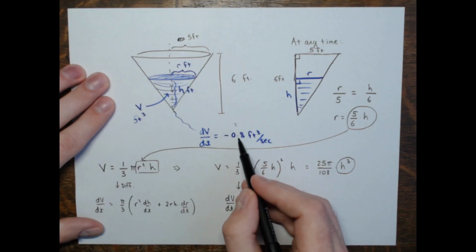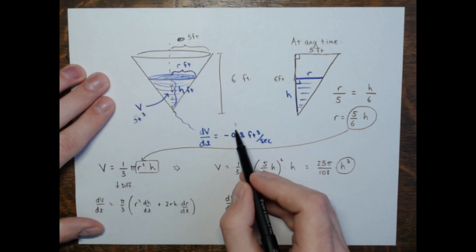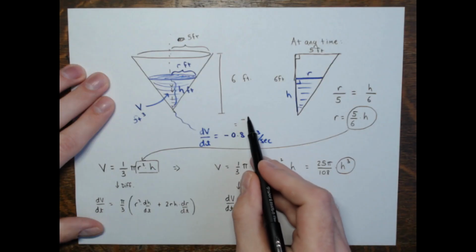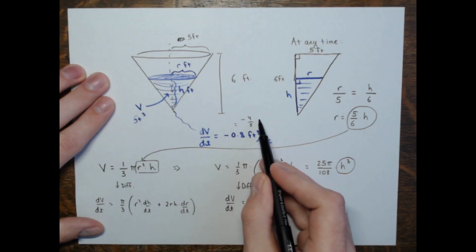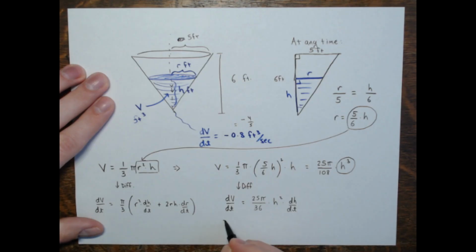So I'm going to use some fractions here. dV/dt was given as negative 0.8. That's negative 8/10, which is negative 4/5. So that'll go over here for dV/dt. Negative 4/5 should be equal to 25 pi over 36.